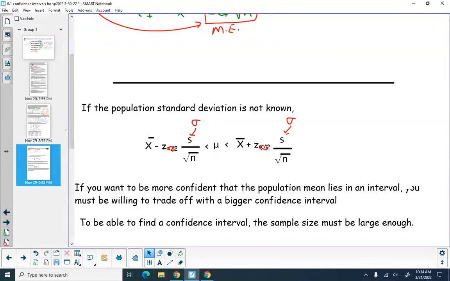So the bigger the confidence interval, the larger my range of values.